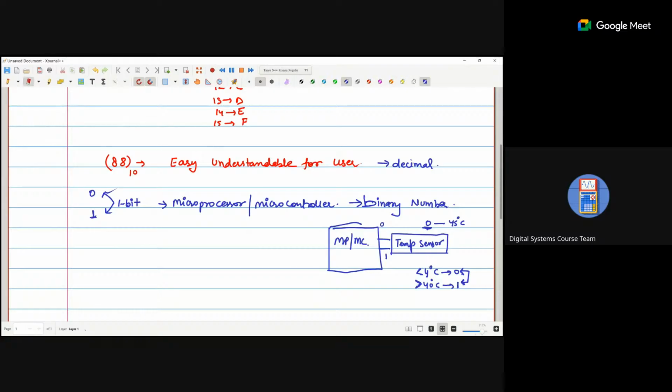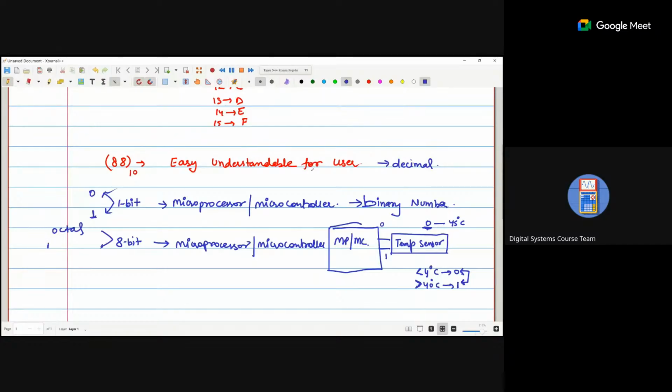So we go with the 8-bit microprocessor and microcontroller. In an 8-bit microprocessor or microcontroller, initially we went with the octal number representation.